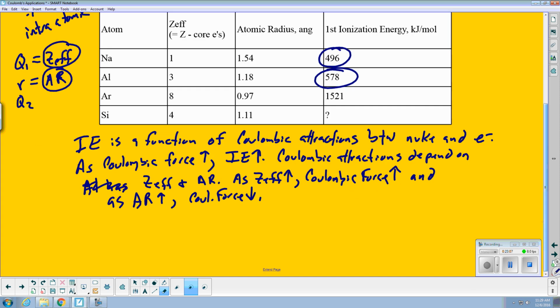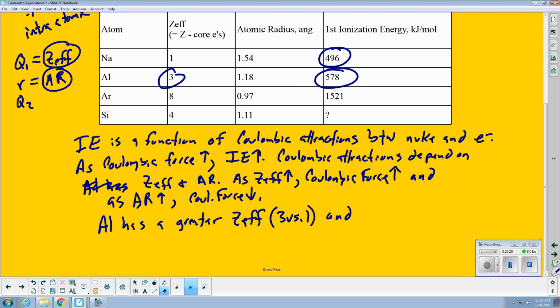There we go. So now maybe we can start making our case. So let's take a look. Aluminum has a greater Z effective, right? Z effective is 3 versus 1. And here's my aluminum.